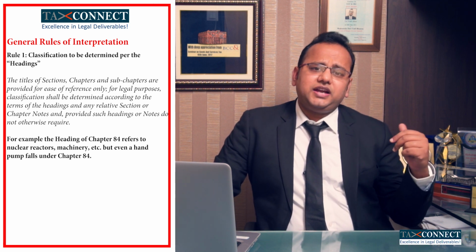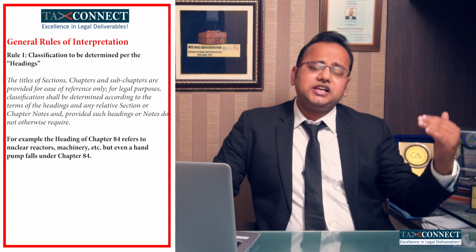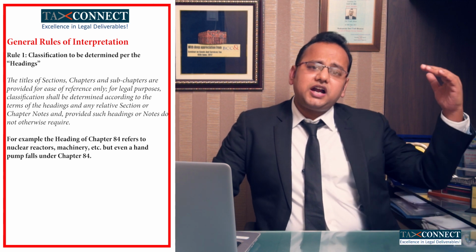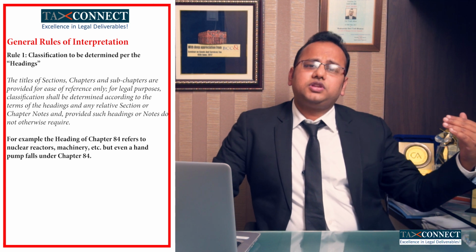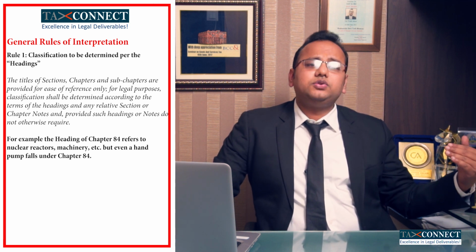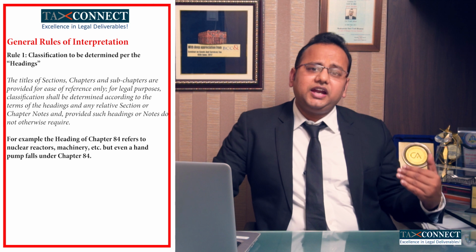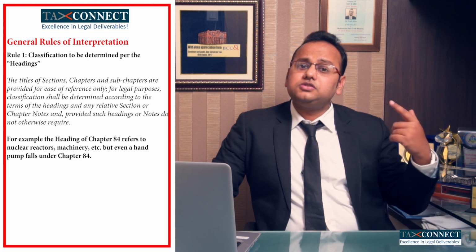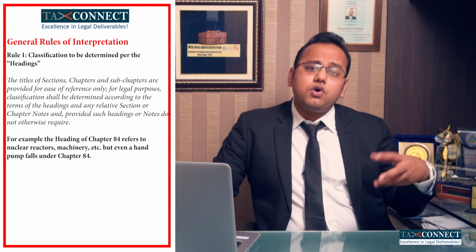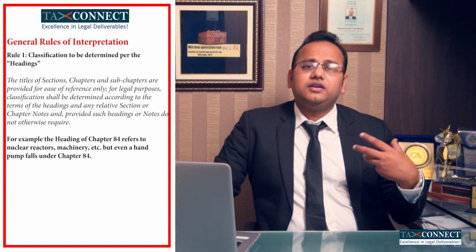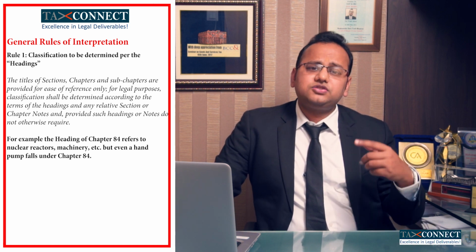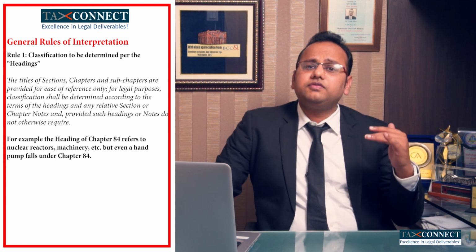To also understand the HSN classification, it starts from the natural product, then it goes to the raw material, then to the semi-finished goods, and then to the finished goods. So one also has to keep in mind what is the goods which is the requirement, and he has to see in the respective chapters.